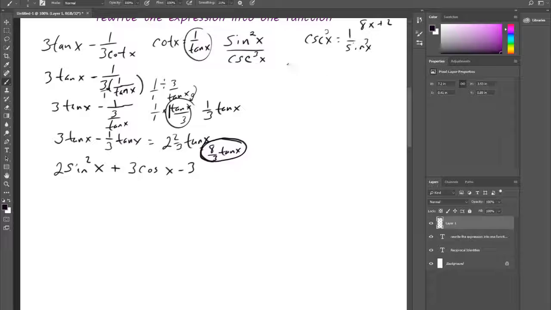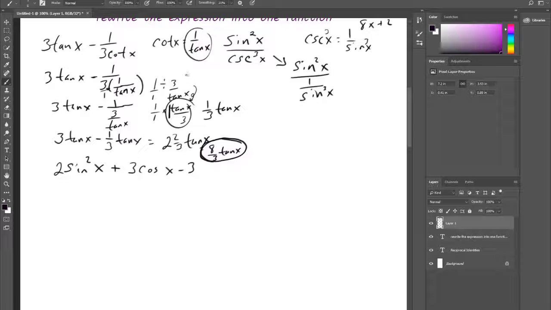That's just how that works. So I could replace cosecant cubed with 1 over sine cubed. This problem is probably the easier of the three, but that would become sine squared x over 1 over sine cubed x.